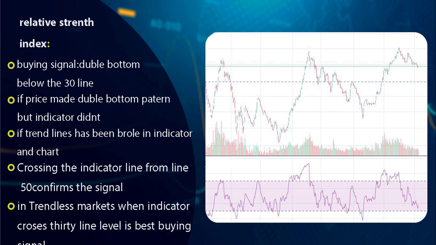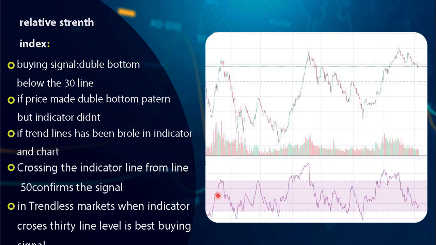In some situations, the crossing of the indicator line, when the indicator line crosses the 50 line, the 50 line is here between the 30 line and 70 line. When the price crosses this line, this gives us confirmation of an upward or downward trend.